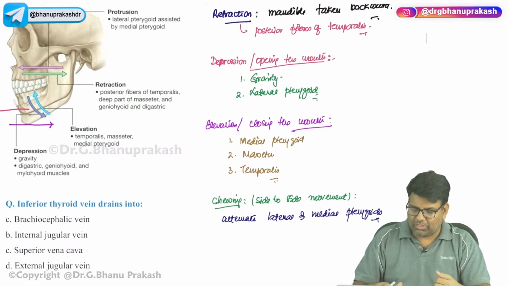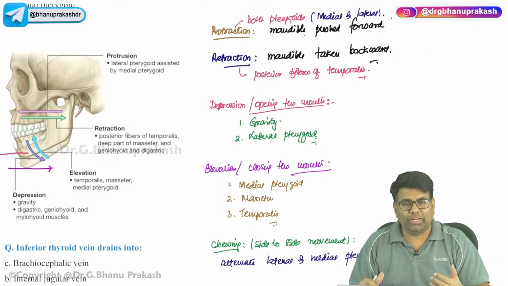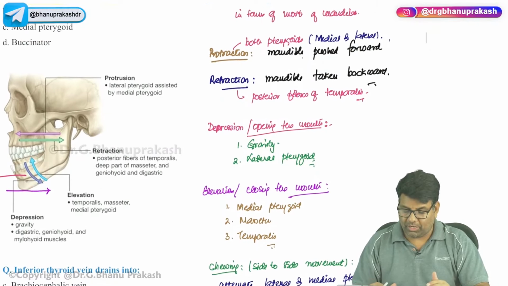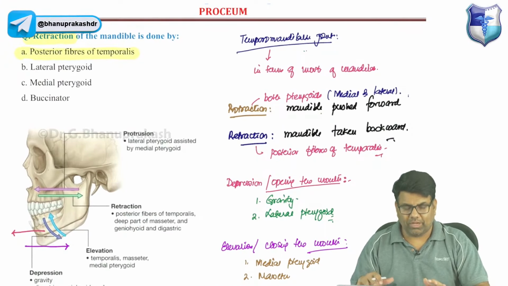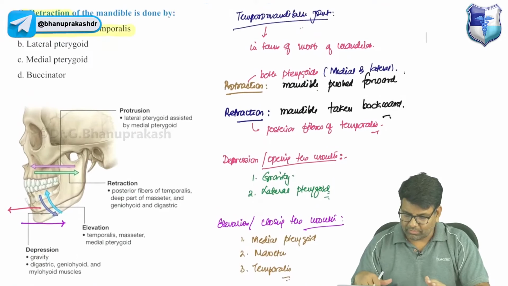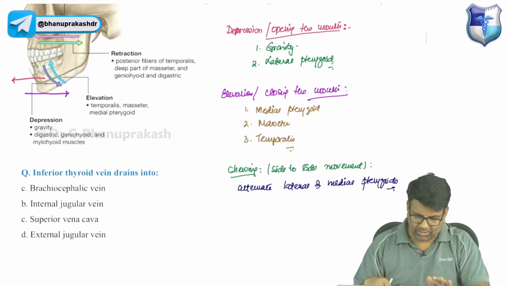Clear? So these are the different movements at the temporomandibular joint and the muscles which bring about those movements. So please remember, retraction, temporalis. Clear? So this is about the movements of the temporomandibular joint.